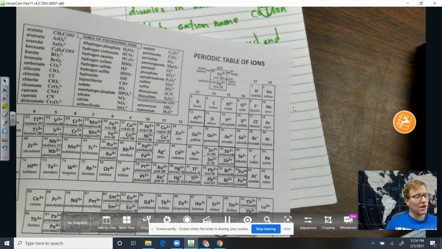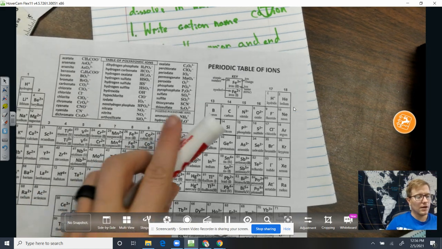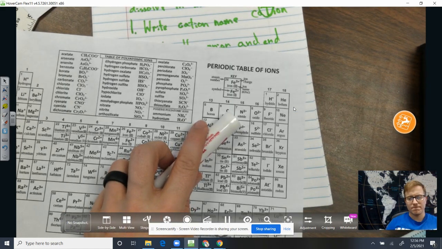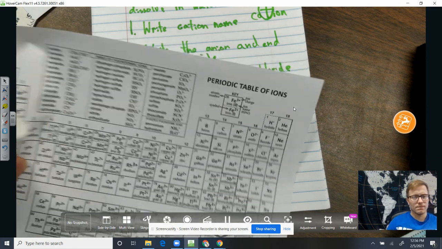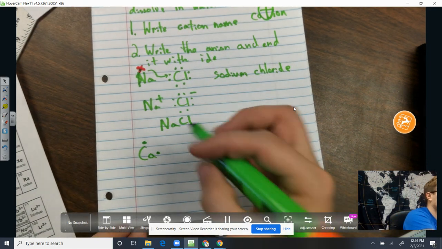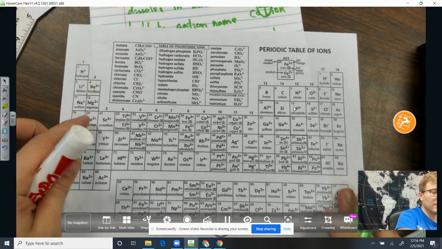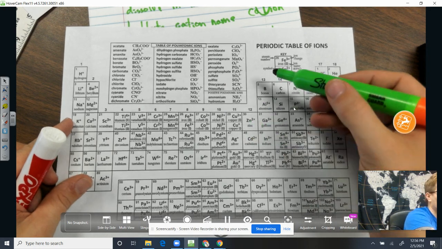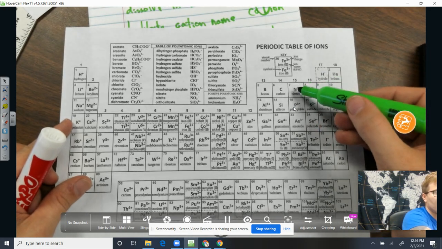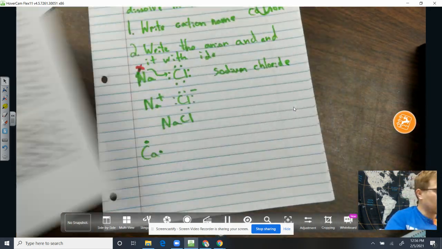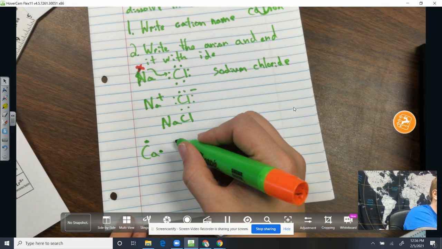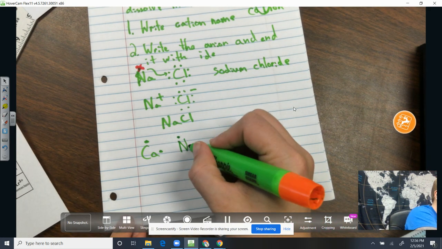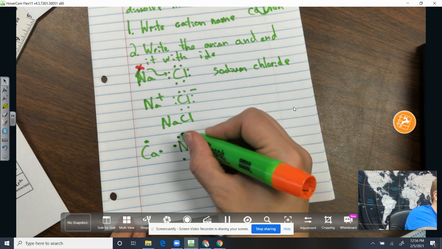I'm going to have it bond with a fun little element called nitrogen, N3-. Nitrogen is in the 1, 2, skip all the transition metals right now, 3, 4, 5. It has 5 valence electrons. 1, 2, 3, 4, 5.